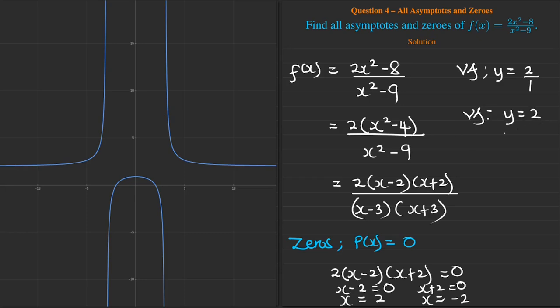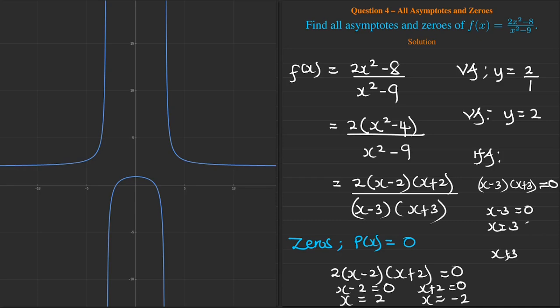As simple as that. Then we come to the horizontal asymptote. For the horizontal, that has to do with the denominator. So we would have to equate x minus 3 and x plus 3 to 0 and solve for our x values. Equating these brackets to 0, we have x minus 3 equal to 0, and x is simply 3.